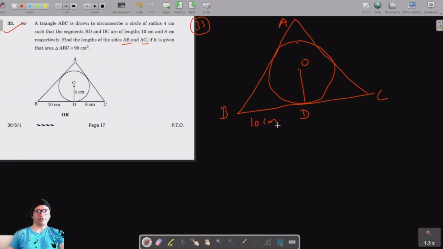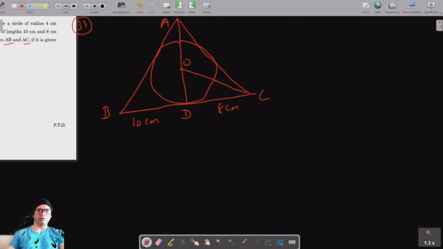This is 10 centimeter, this is 8 centimeters. So first of all, we are going to join O to A, O to C, and O to B.